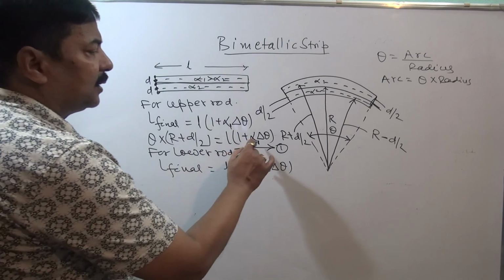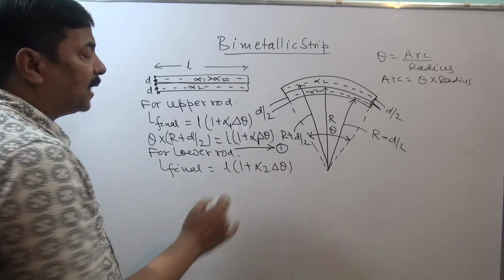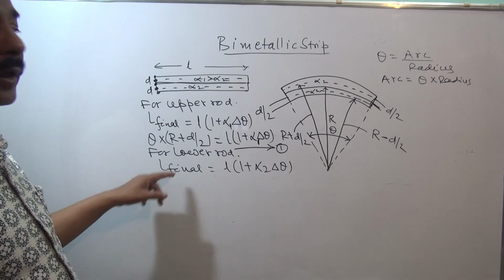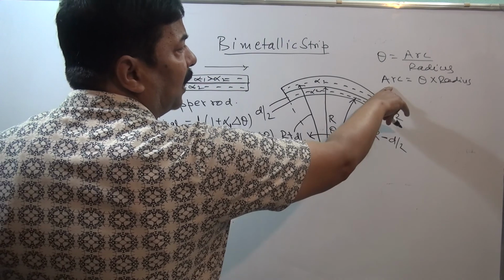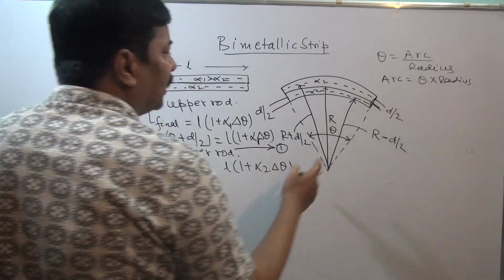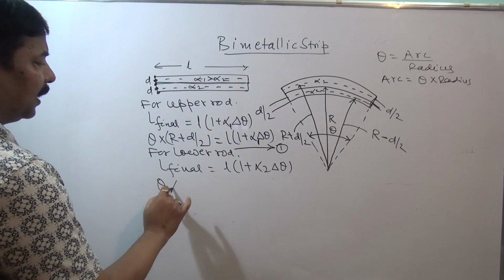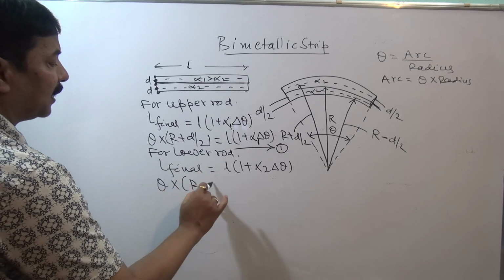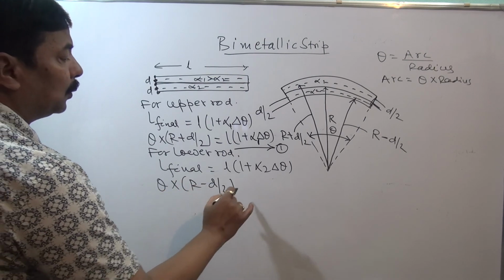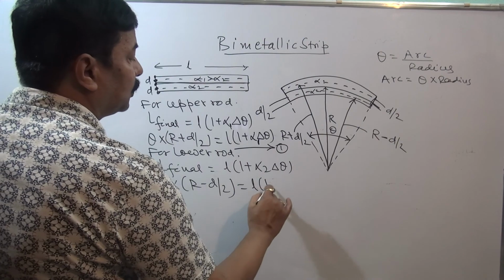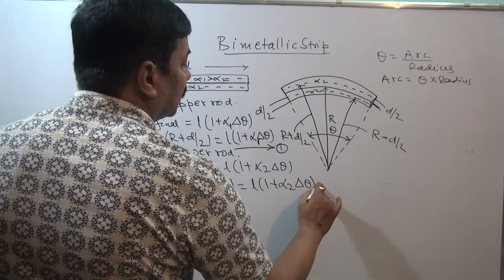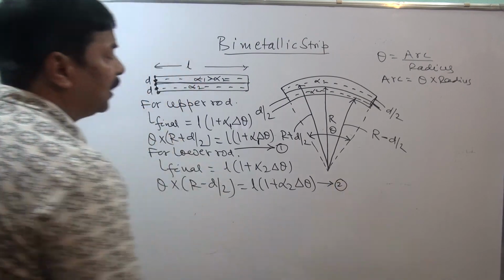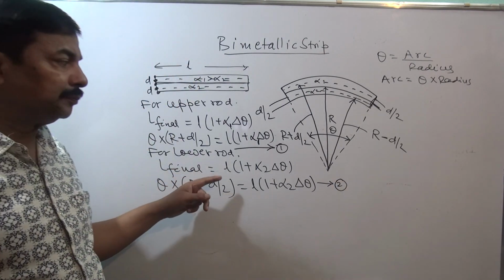And what is the final length of the lower rod? The arc will be the final length, theta into radius, theta remains the same, into radius r minus d by 2, equals L into 1 plus alpha 2 delta theta. This is equation 2, for the second rod.